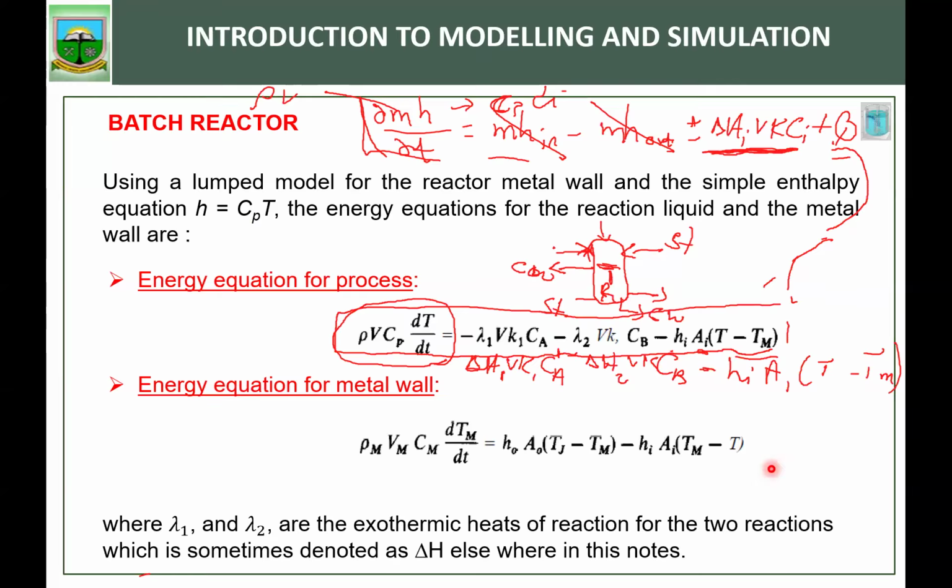After we do this, we'll now come and write the energy balance for the metal. The metal between the steam and then the reaction, there's a metal. We'll write the energy balance for that. And then we'll also write the energy balance for the fluid that is passing through the steam.